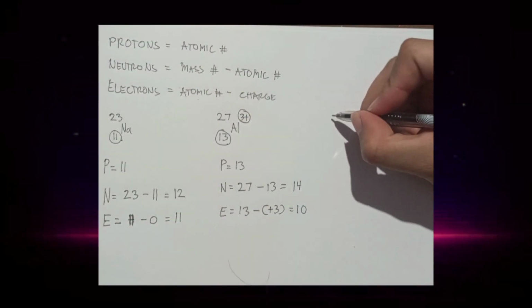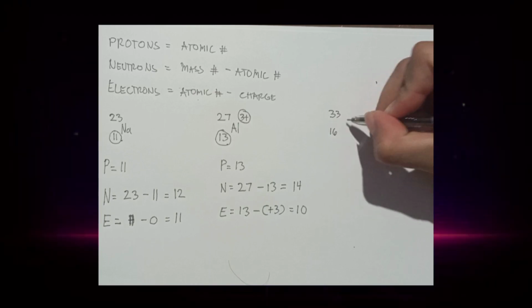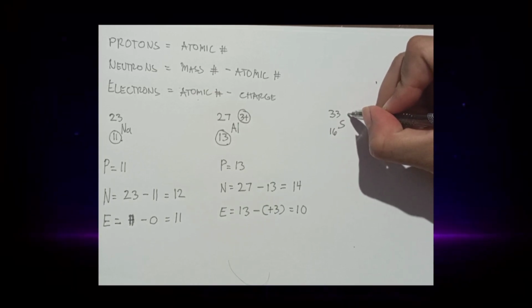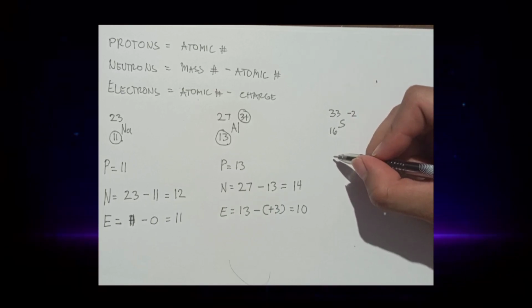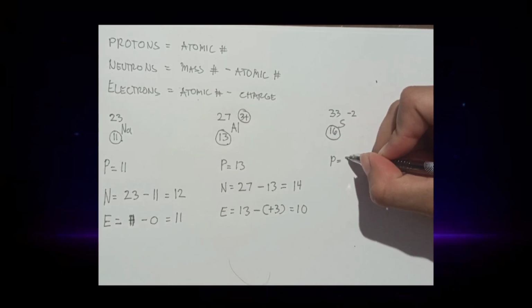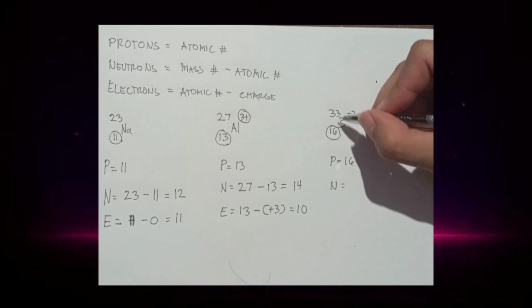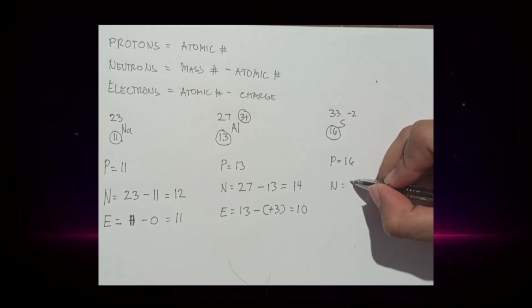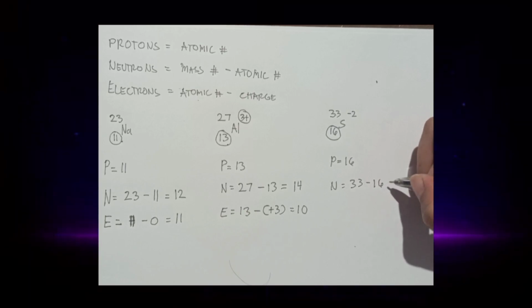Another example, 33 mass number and 16 atomic number, which is sulfur, and it has a 2 negative charge. Now to get the protons, we will identify first the atomic number, which is 16. For the neutrons, we will identify the mass number and atomic number, which is 33 and 16. 33 minus 16 is equal to 17.